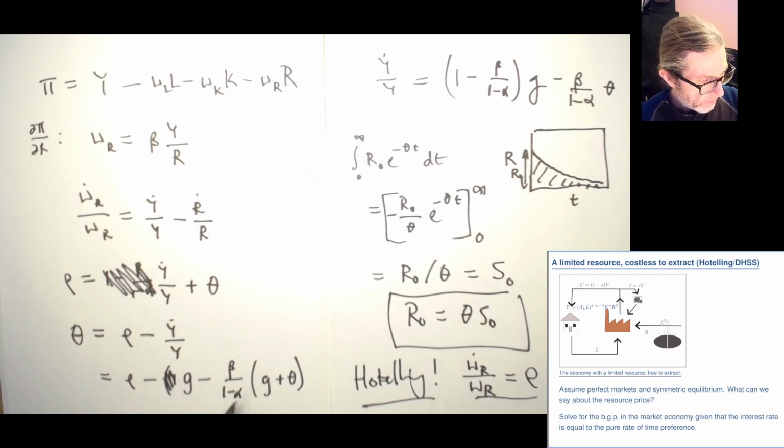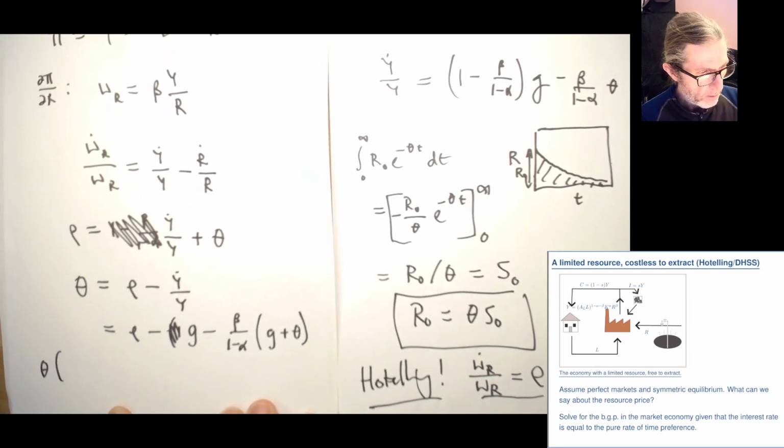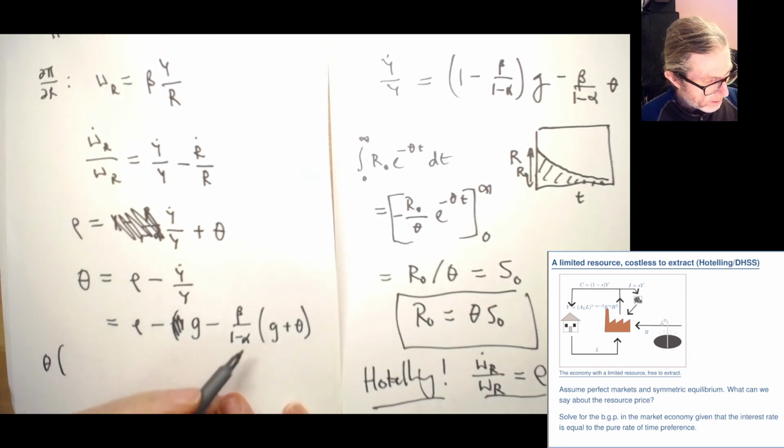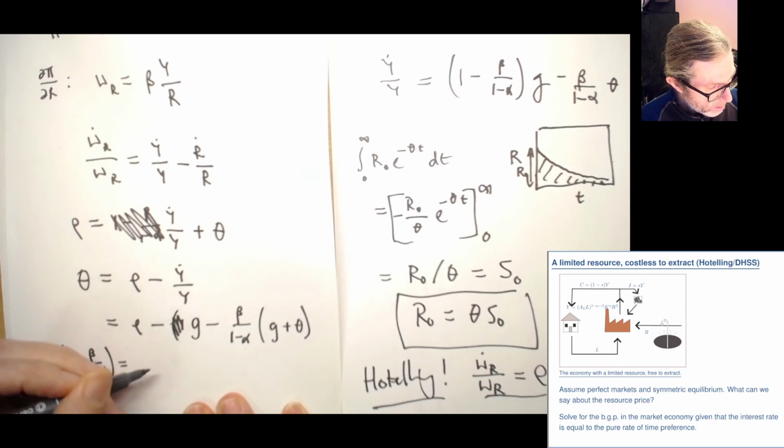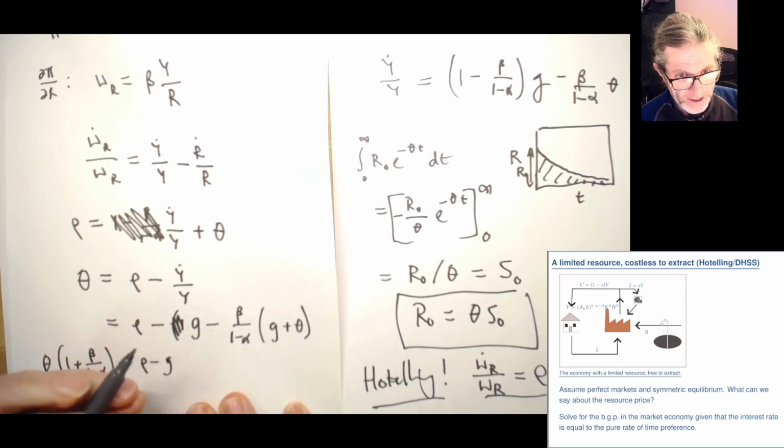So if we take this bit over, we get theta times 1 plus beta over 1 minus alpha is equal to rho minus g times 1 plus beta over 1 minus alpha. I feel like I've done something wrong here.